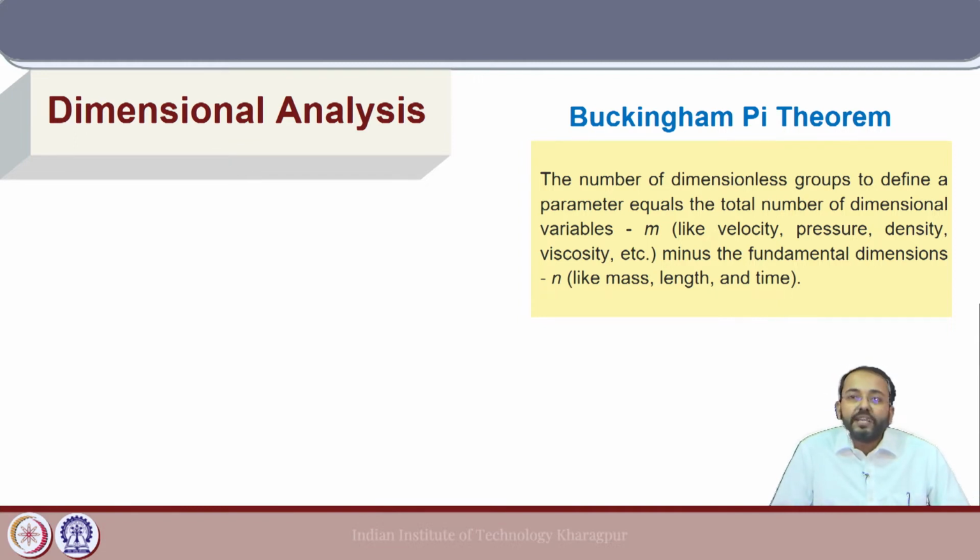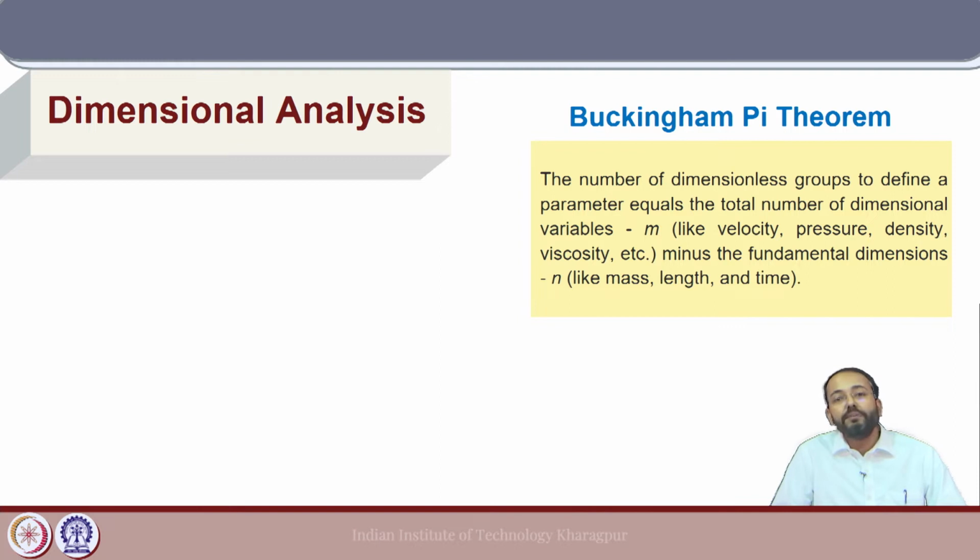So, if a parameter can be defined with respect to many dimensional variables, for example, velocity, pressure, density, etc., this Buckingham pi theorem states that the number of dimensionless groups that can be formed with these parameters, let us say m number of parameters, is m minus n, where n is the number of fundamental dimensions which can be used to define a parameter.